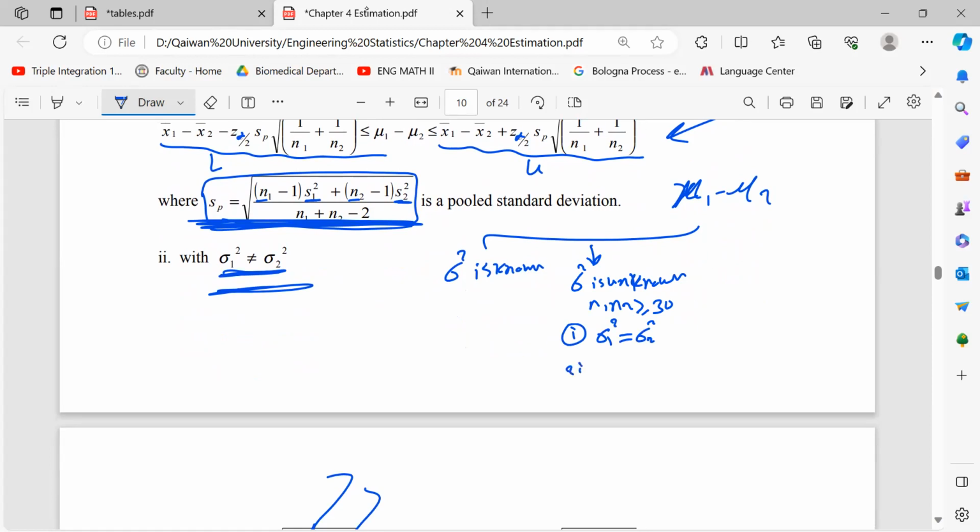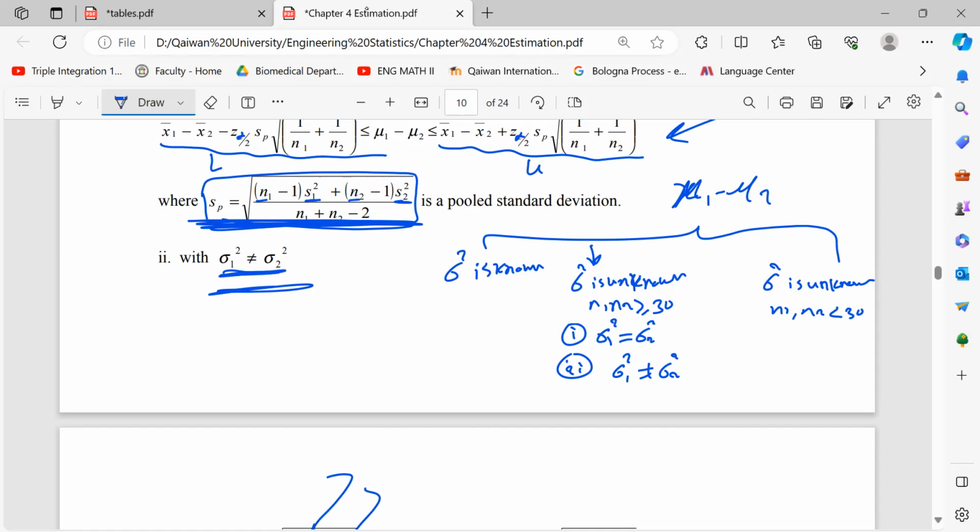Case 2, if sigma 1 squared doesn't equal sigma 2 squared. Okay? The third case, we say if sigma squared is unknown and n1 and n2 are less than 30, if the sample sizes are less than 30. In the examples, both must be greater or equal to 30 or both must be less than 30.